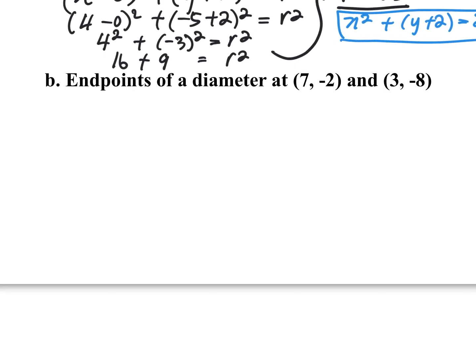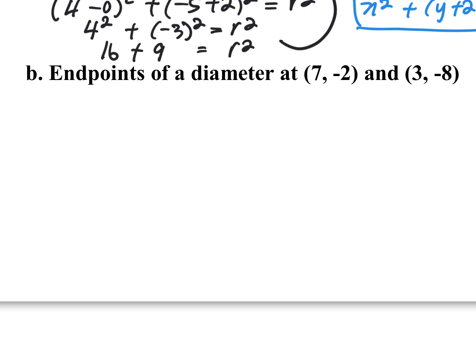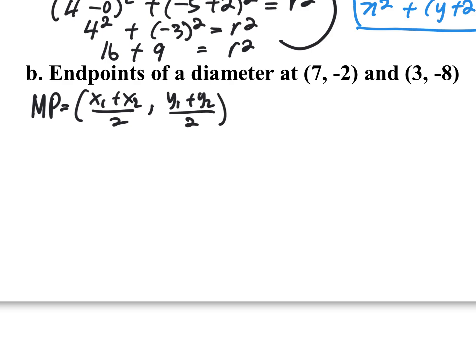Letter B, the endpoints of a diameter. So we're going to use our midpoint formula. The midpoint formula is going to give you (x1 + x2)/2 and then (y1 + y2)/2. Let's fill up the information. 7 plus 3 divided by 2, and then the other one is going to be −2 plus −8 divided by 2.